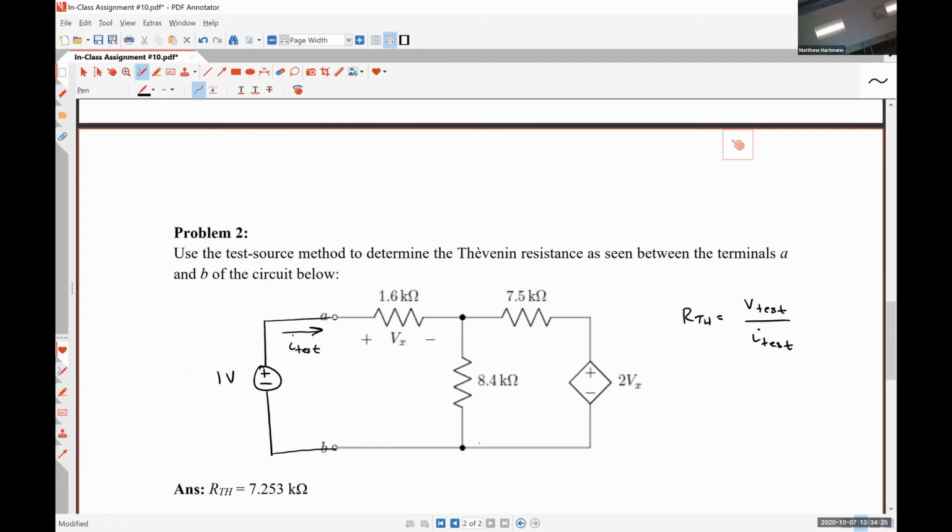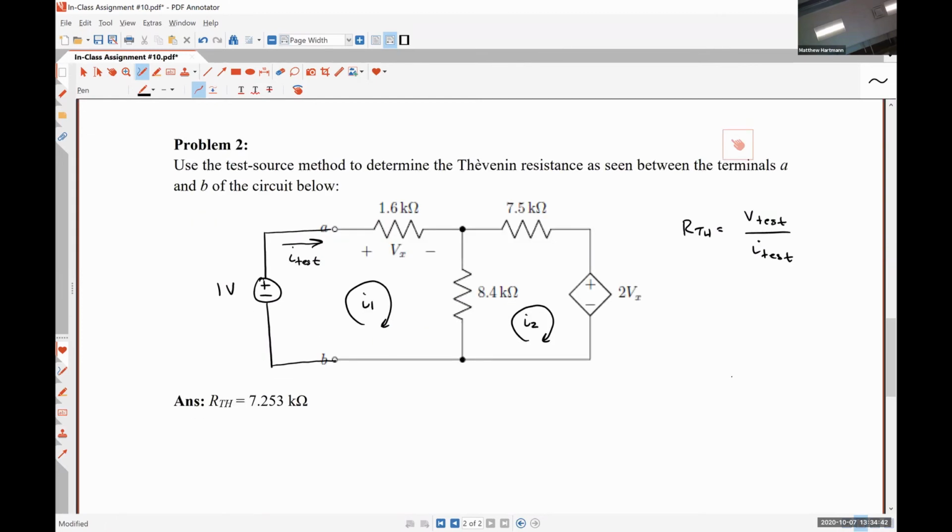That's what I would use here as well, because it's going to be a simple 2 equation, 2 unknown system, because there are just 2 meshes, right? So let's call this guy mesh 1, and this guy mesh 2. And so we're going to write a Kirchhoff's voltage law equation around mesh 1.